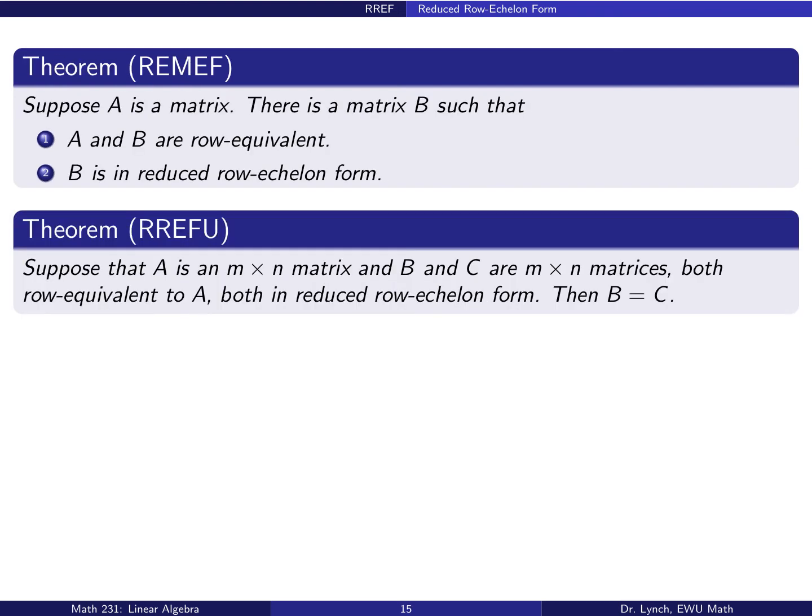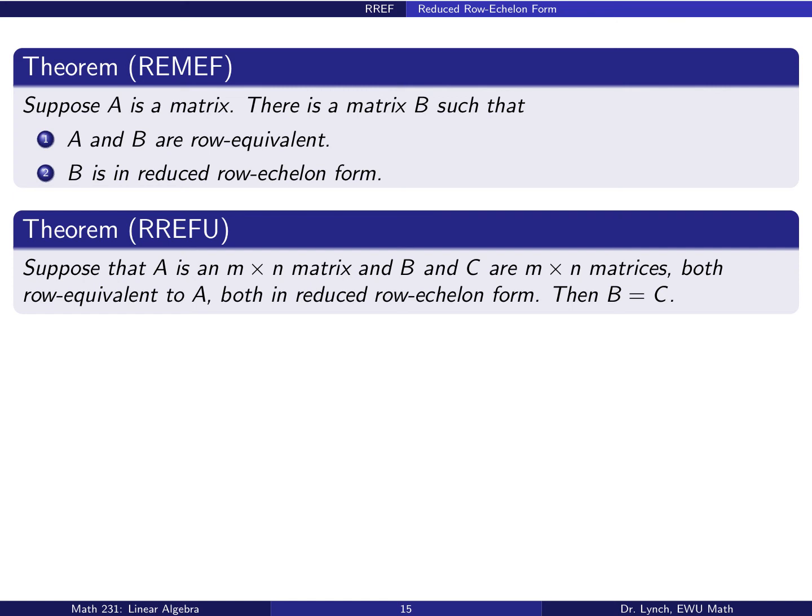Okay, so a couple of theorems about reduced row echelon form. It turns out that every matrix A has a reduced row echelon form, and moreover, that reduced row echelon form is unique. So this is a pretty cool deal, actually. Let me give you some take-home messages for these two theorems.